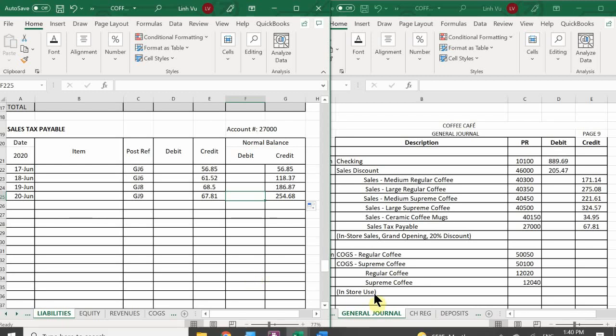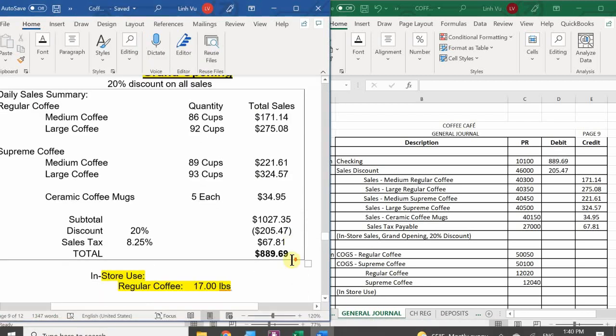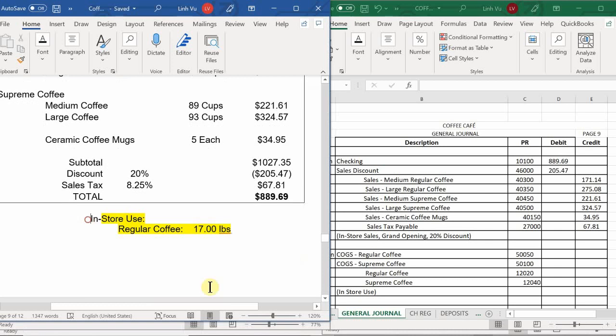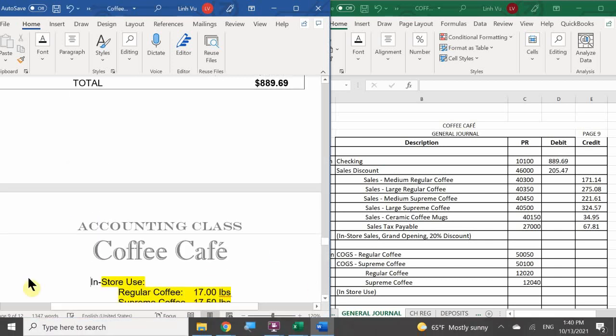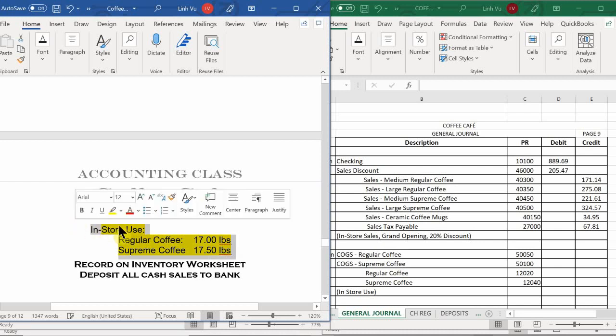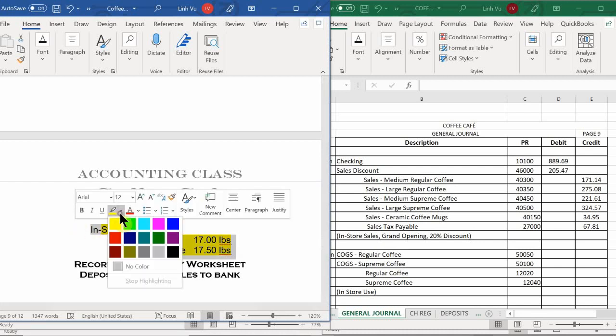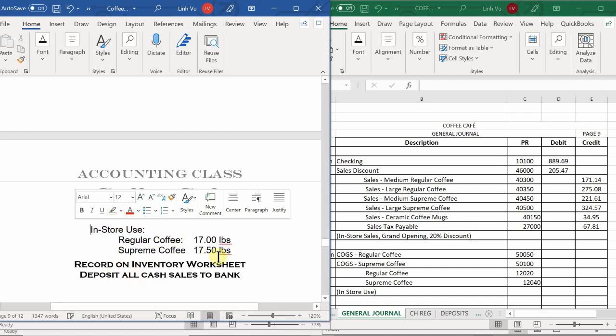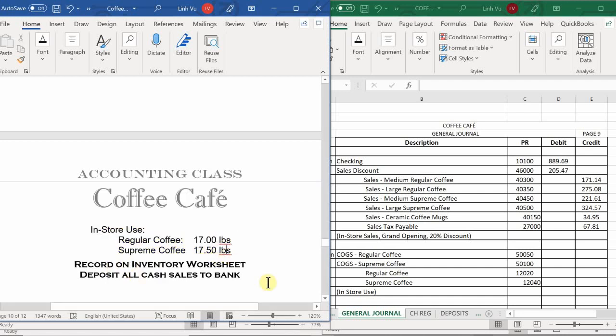So now that we entered in our sales, let's see what happened next. We have in-store use of regular: we used 17 pounds. And for Supreme, we used 17 and a half pounds. So we have to see cost of goods.